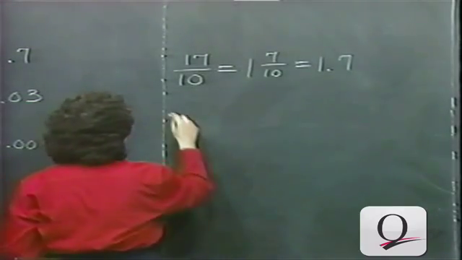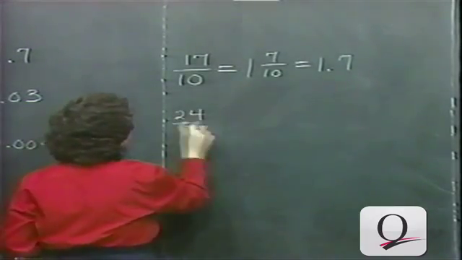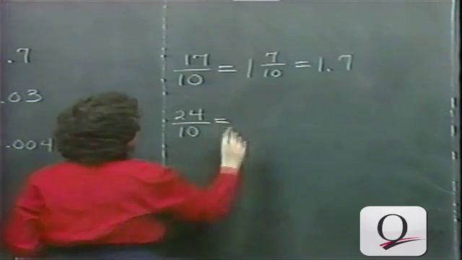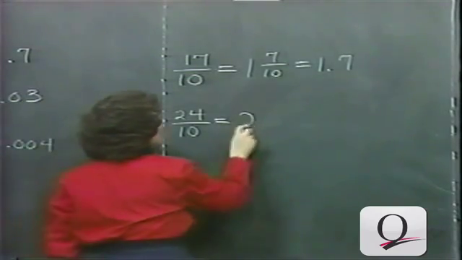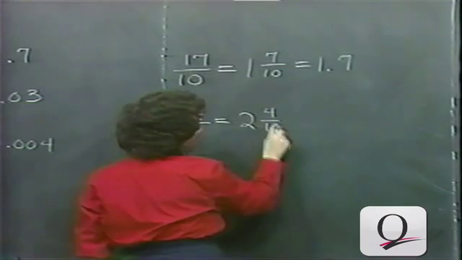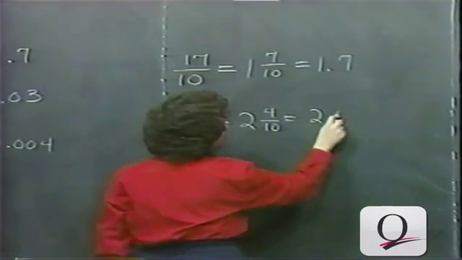Similarly, 24/10 can be written as 2 and 4/10, or 2.4.